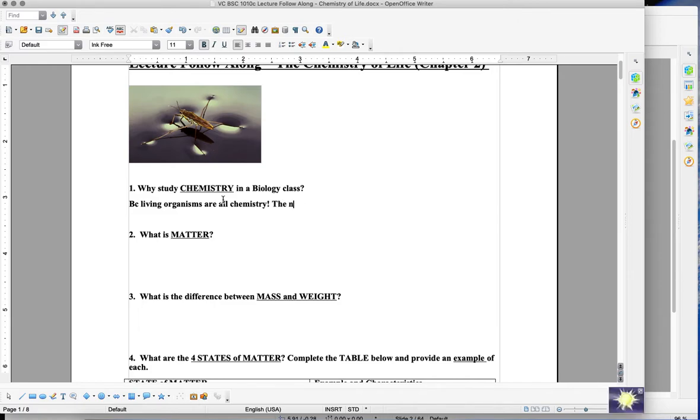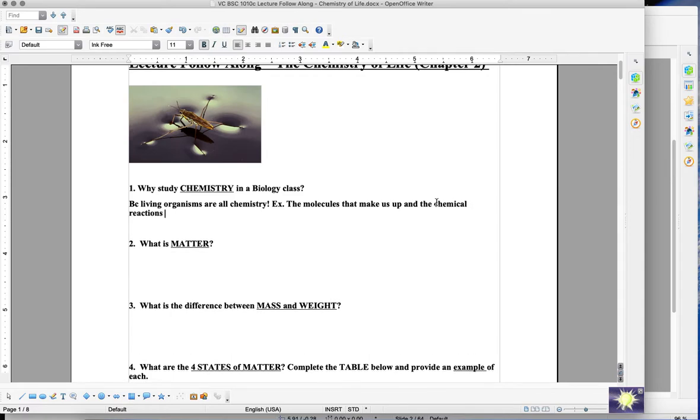The molecules, for example, the molecules that make us up, and the chemical reactions that run the work of living, just in a very general sense.